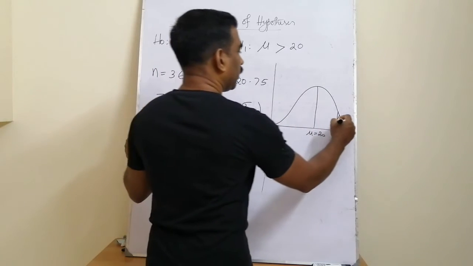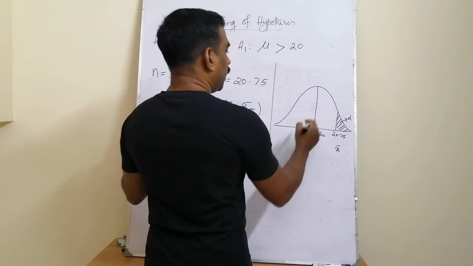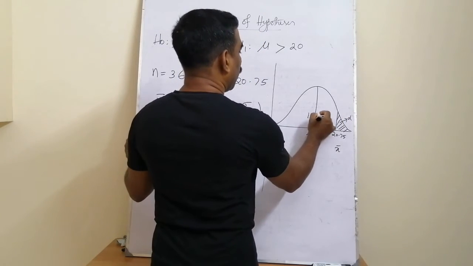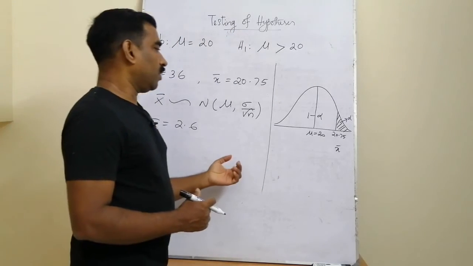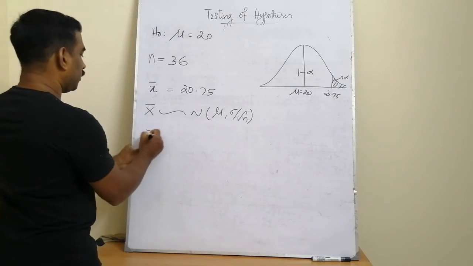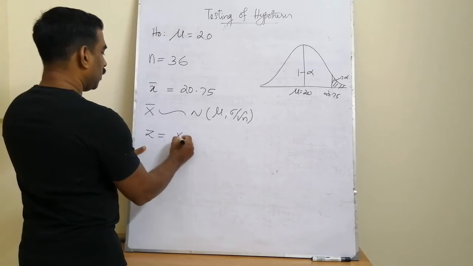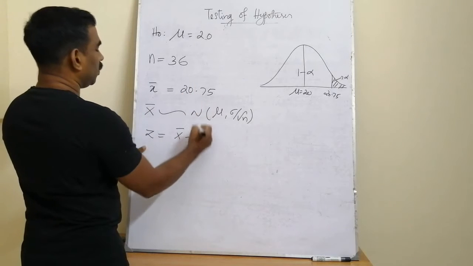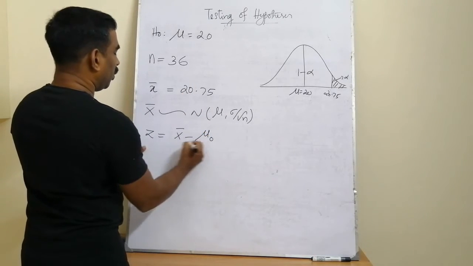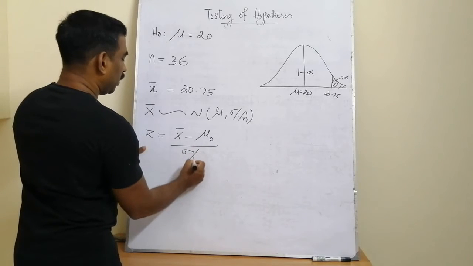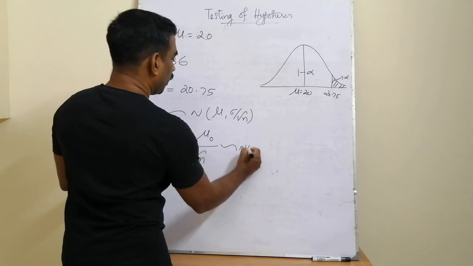This rejection region has some tail probability. Suppose we denote this probability by alpha, and the remaining portion has probability 1 minus alpha, and that portion is called the acceptance region. Using standard normal distribution, we can standardize that normal curve as z is equal to x bar minus mu naught divided by sigma by root n, that follows N(0,1).